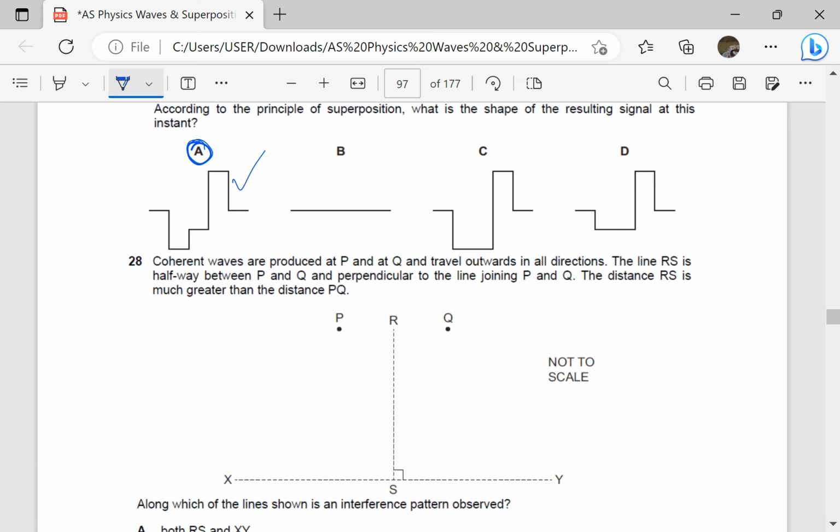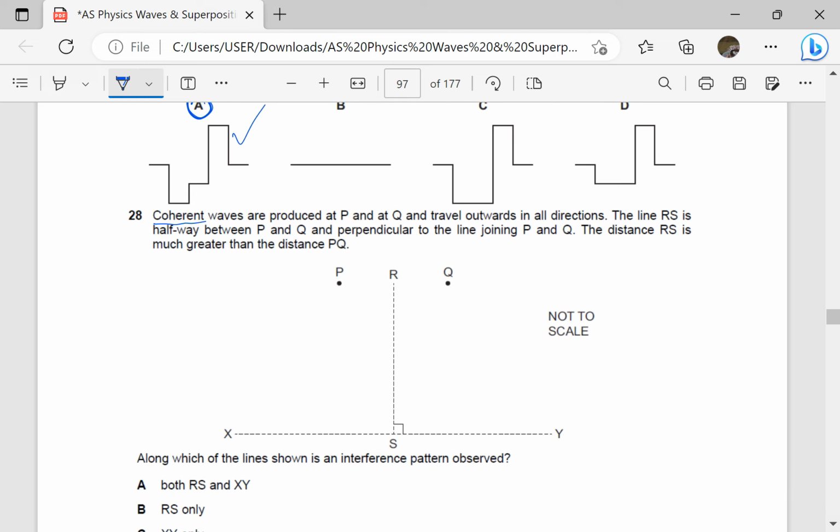Coherent waves are produced at P and at Q and travel outwards in all directions. Remember, coherent waves are those waves which maintain a constant phase difference between them. The line RS is halfway between P and Q and perpendicular to the line joining P and Q. The distance RS is much greater than the distance PQ.